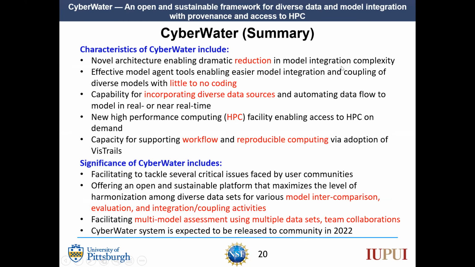As we know, linear model complexity is the lowest complexity for a model integration system. And CyberWater's effective model agent tools enable an easy model integration and model coupling with little to no coding.